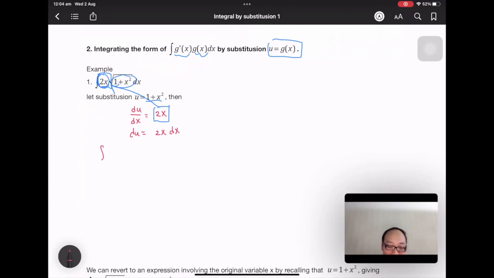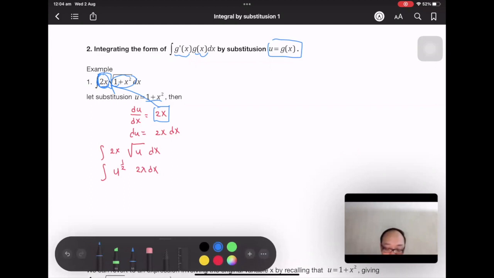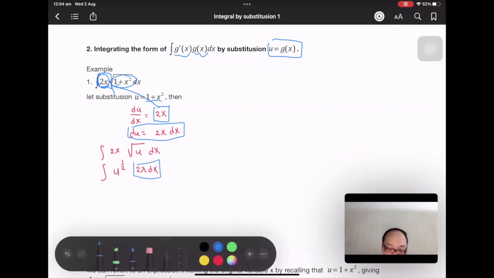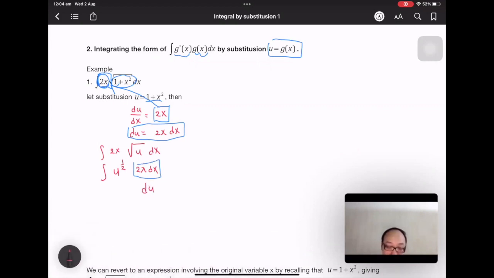So integral of 2x square root of u dx. And then I have to change all of that into variable u. So I rearrange: integral u to the power of half times 2x dx. And we have that 2x dx is du. So I can change this into du. So integral u to the half du.